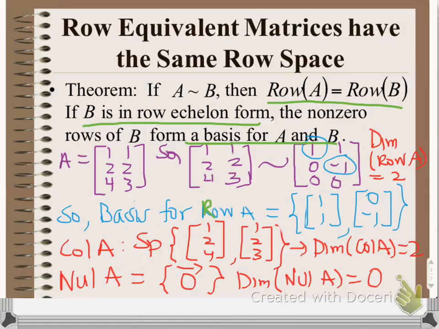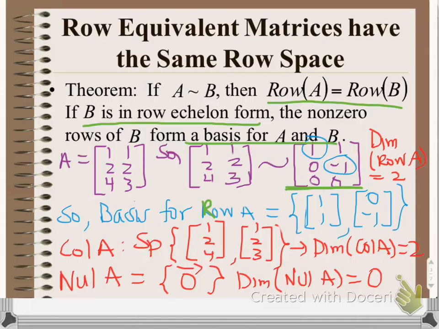A is equal to the matrix from the last example, and I row reduced it down here, so you might want to stop and double check. And so they have a pivot. Okay, so by this theorem, the non-zero rows of B, because we row reduced, this is our new matrix B, form a basis.